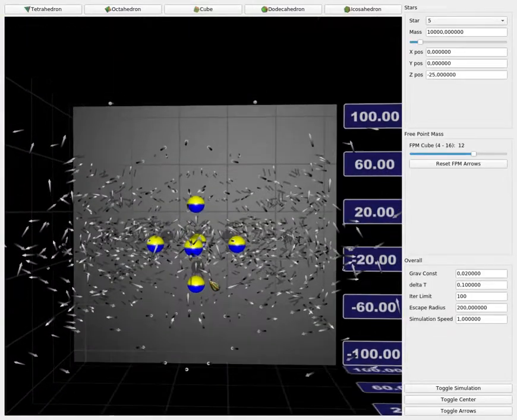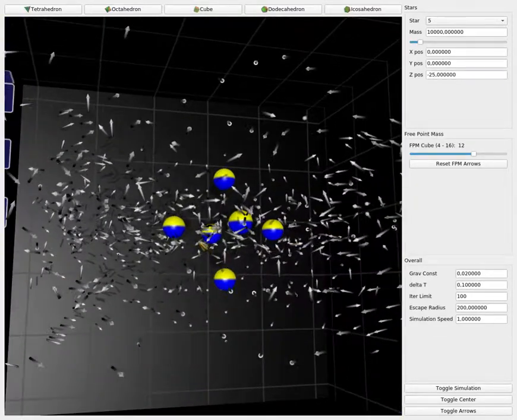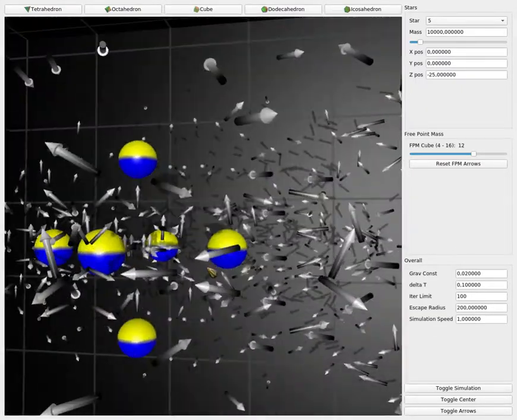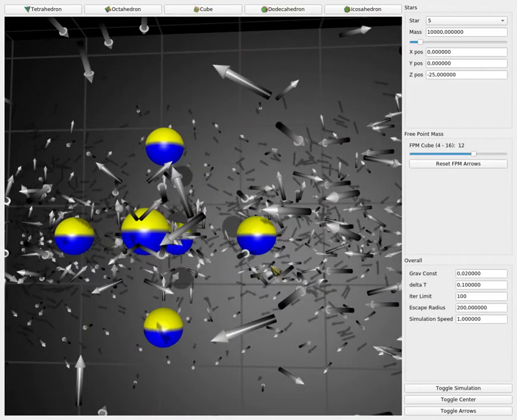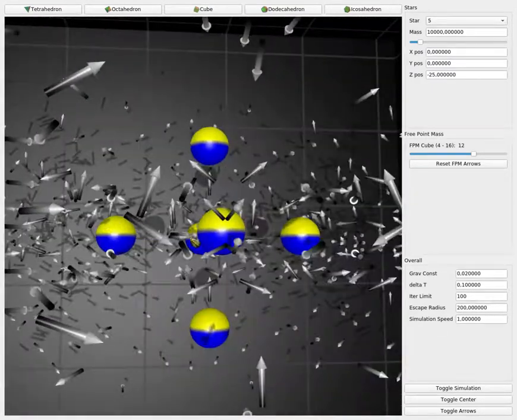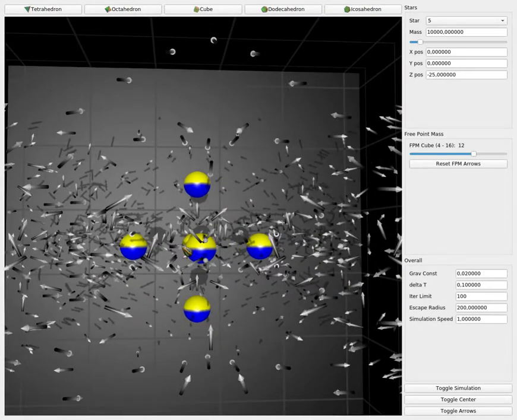Now, you might be thinking, well, it seems like the arrows, or the free point masses, are interacting with some of the stars and being repelled from the others. Well, that's by design in this particular case, because yet again, a violation of physics, but with math, anything is possible.